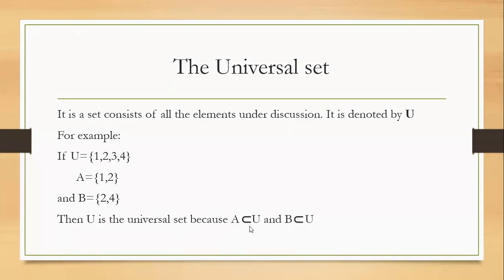Part means A is a proper subset of the universal set and B is a proper subset of the universal set. If the given sets are subsets of the universal set, then we can describe it like this: the universal set is a set consisting of all the elements under discussion.